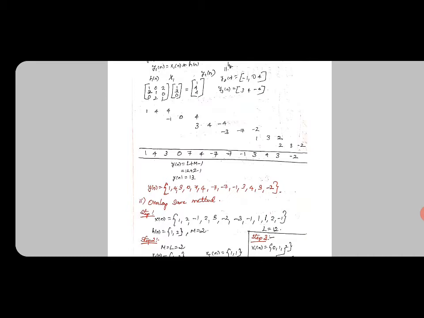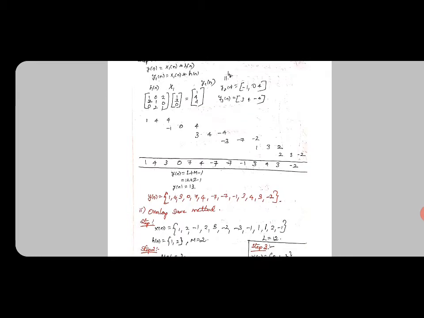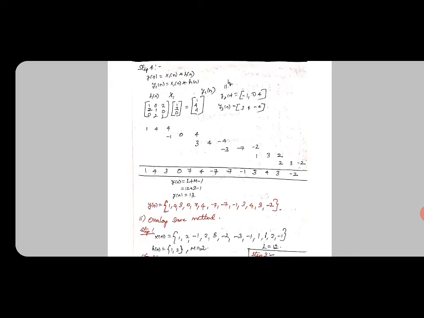Finally, we can write the obtained y values as given, and then we add the values as shown. So we get 1, 4, 3, 0, 7, 4, minus 1, minus 1, minus 1, 3, 4, 3, minus 2.